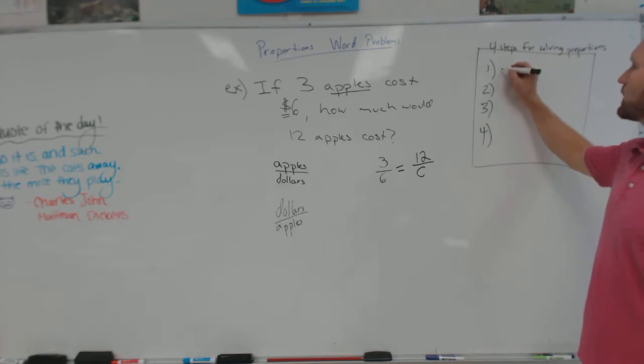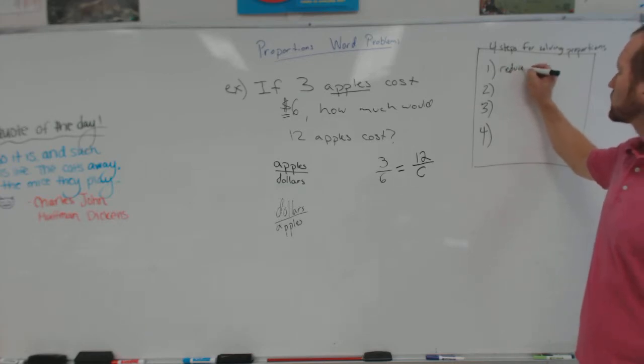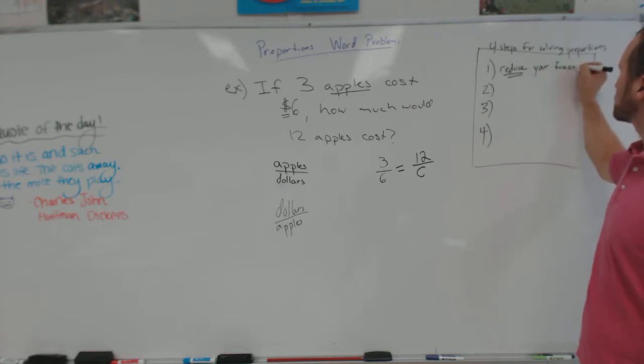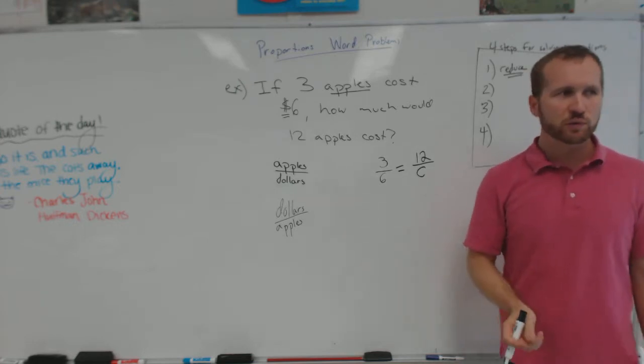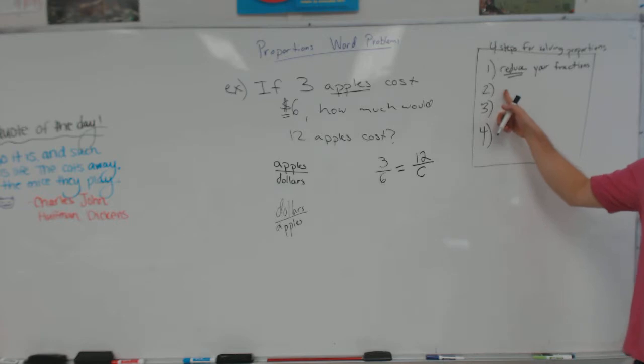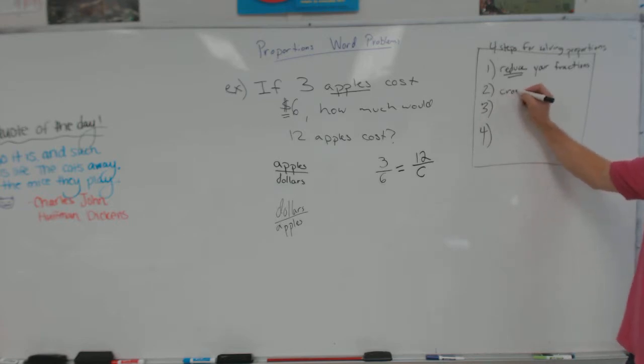Okay, so the first step is reduce your fraction. Super, super, super important step. Second step, cross multiply.